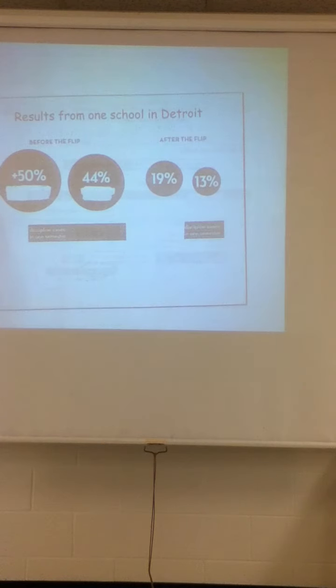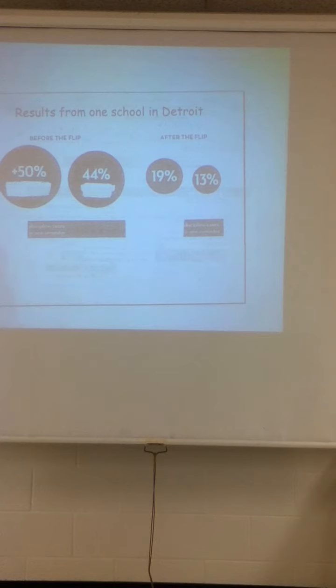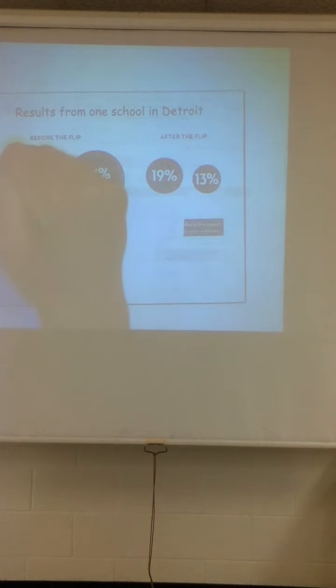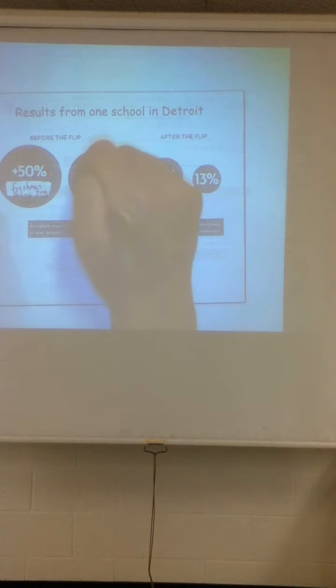Here's some results before the flip. Now this is from one school district in Detroit. Before the flip, more than 50% of their freshmen were failing English. 44% of the freshmen were failing math.